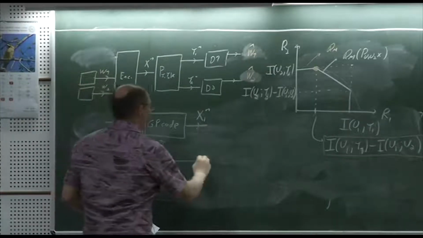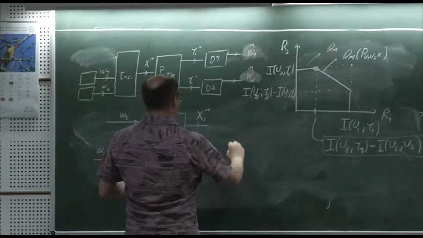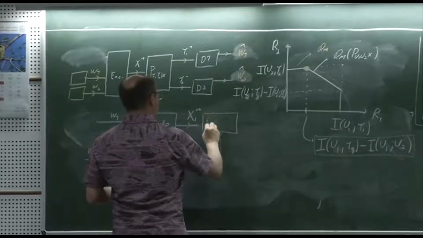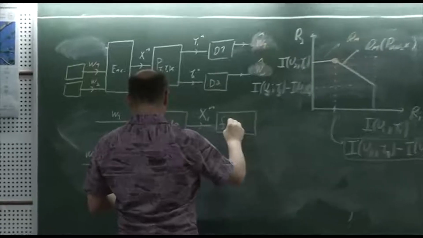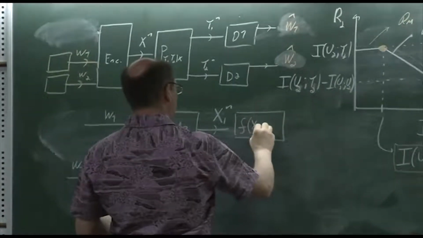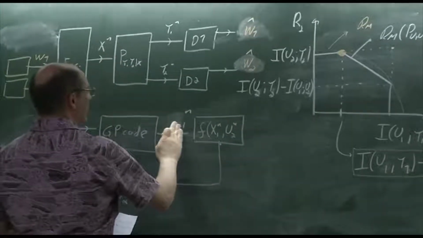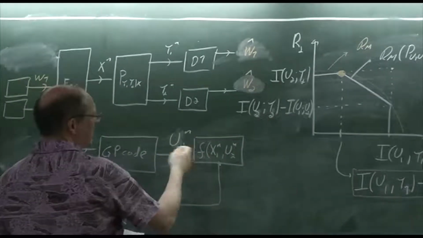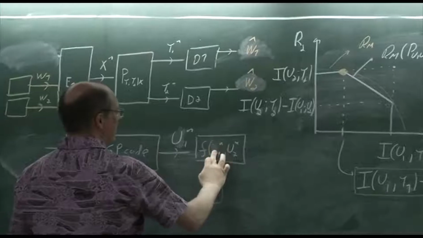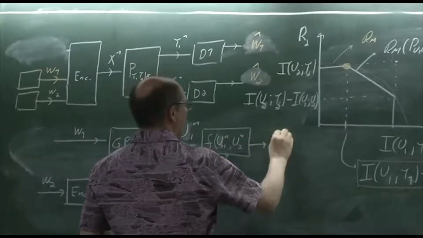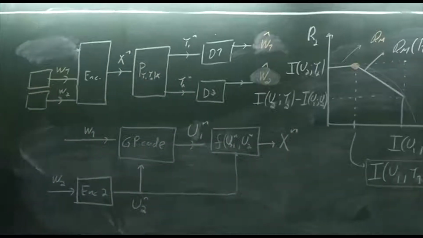But of course, we now have to combine these two in some kind of function, say x1^n, u2^n. I guess maybe I can call this u1^n instead of x1^n. I used x just to match to the Gelfand-Pinsker problem, but I can use u1. Then the picture matches to get x^n. Okay, so that's the architecture.